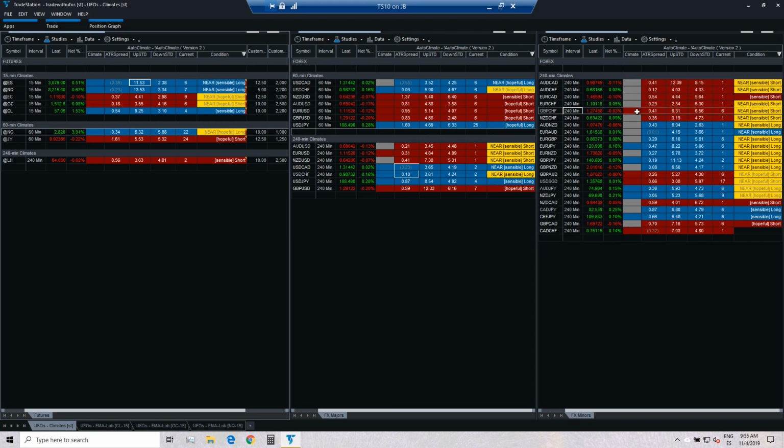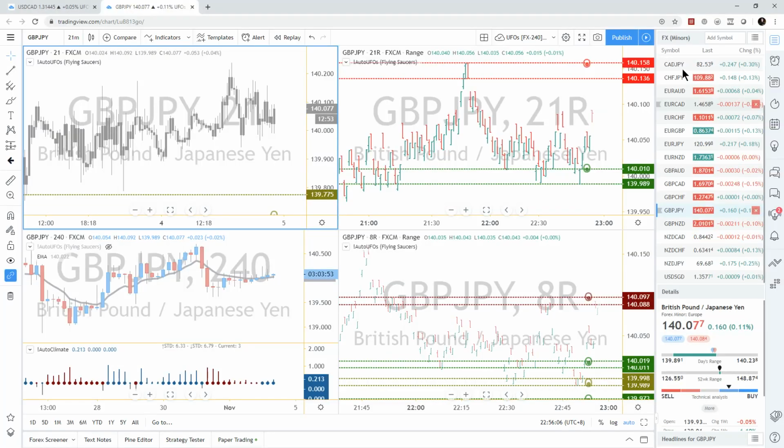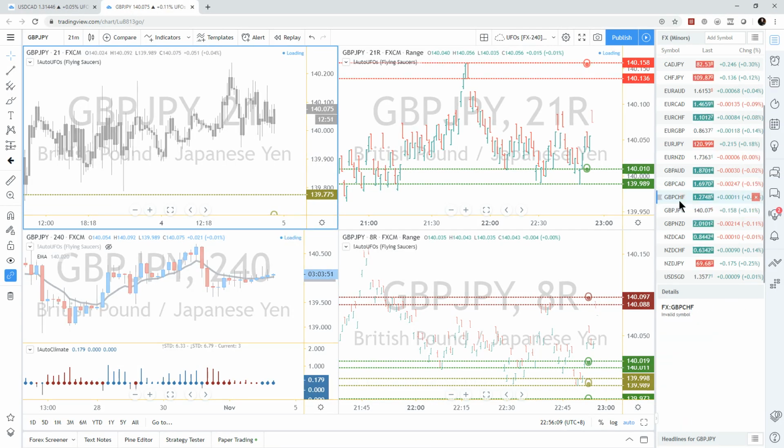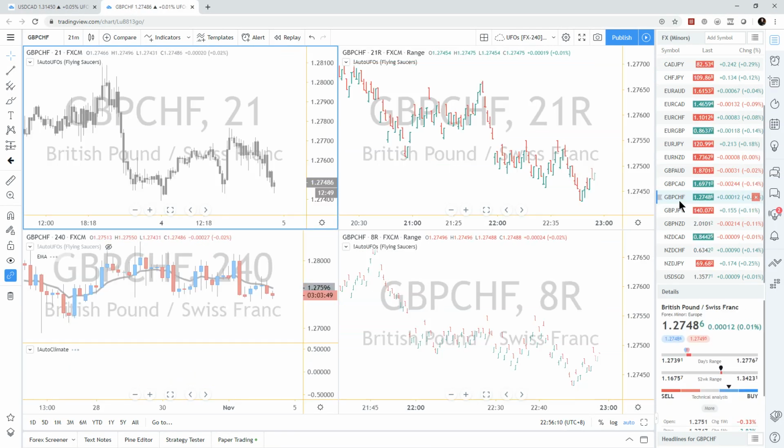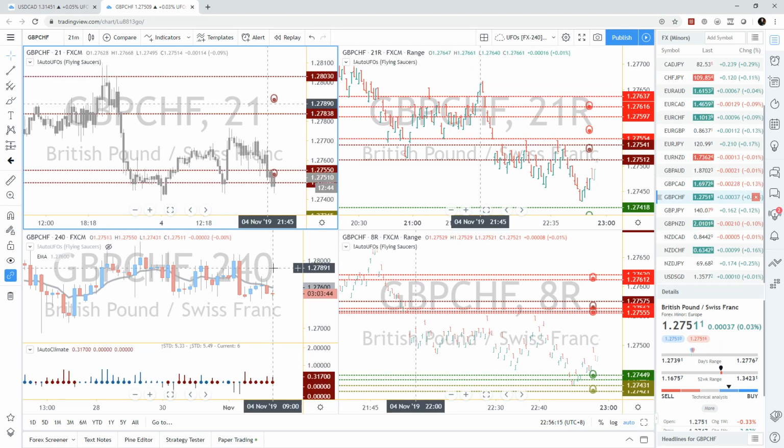So the next one, confirmed here, 6 out of 6 is the pound Swiss franc, 6 out of 6. Okay, so let's go ahead and look at pound Swiss franc. Okay, we got a down climate. Okay, 127.60. 127.60, we got nothing there.